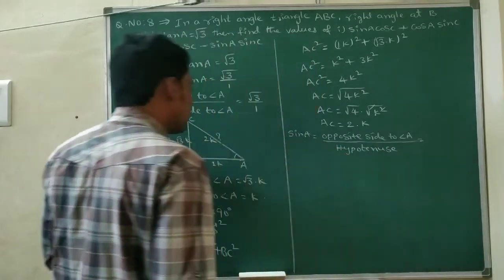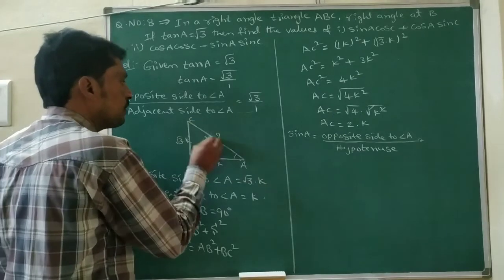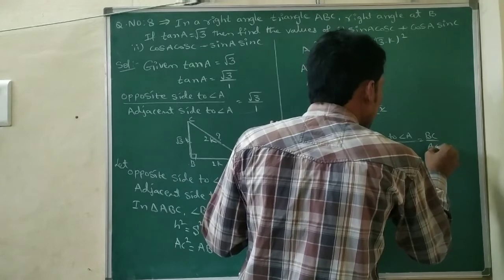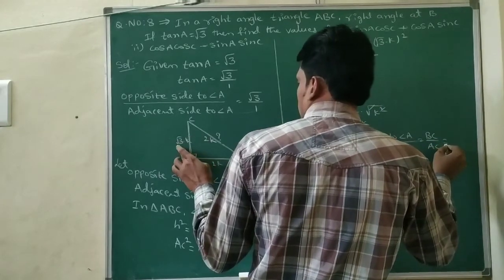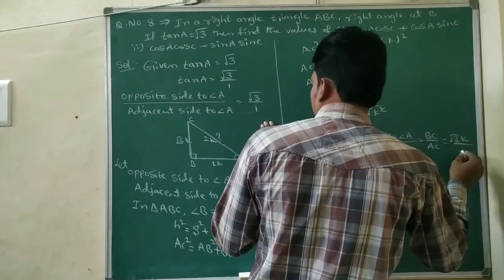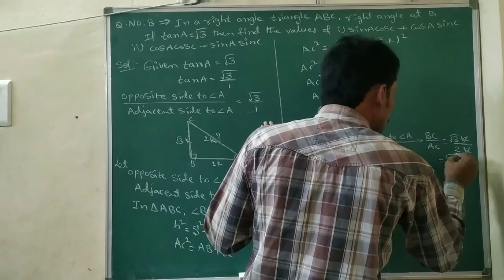The opposite side to angle A is BC, and the hypotenuse is AC. So BC by AC. BC value is root 3K and AC value is 2K. K and K get cancelled, so root 3 by 2.